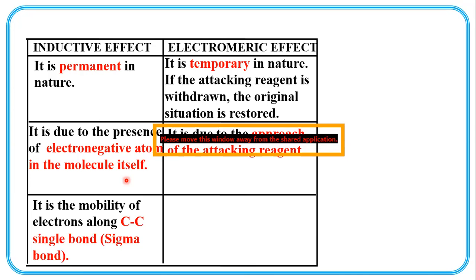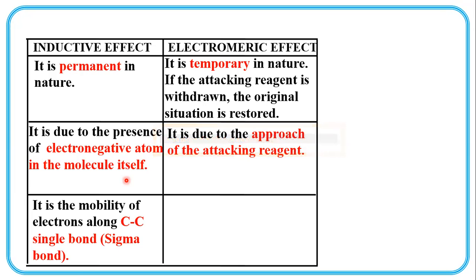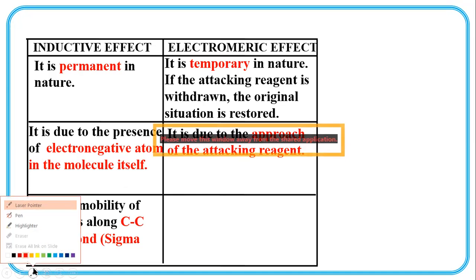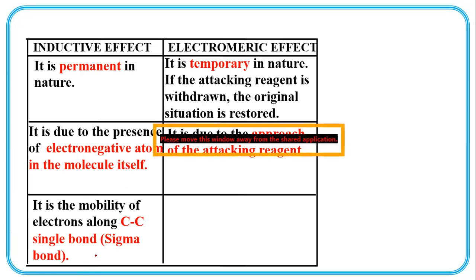Here it is the mobility of electrons along a carbon-carbon single bond or sigma bond. This inductive effect is shown by placing an arrowhead in the middle of the bond.